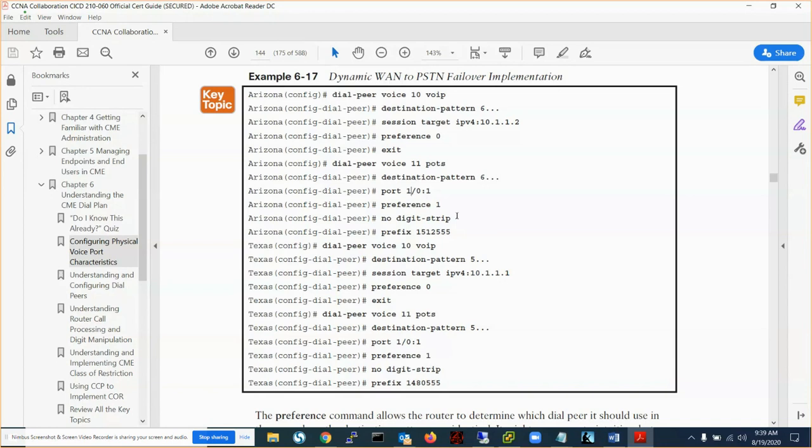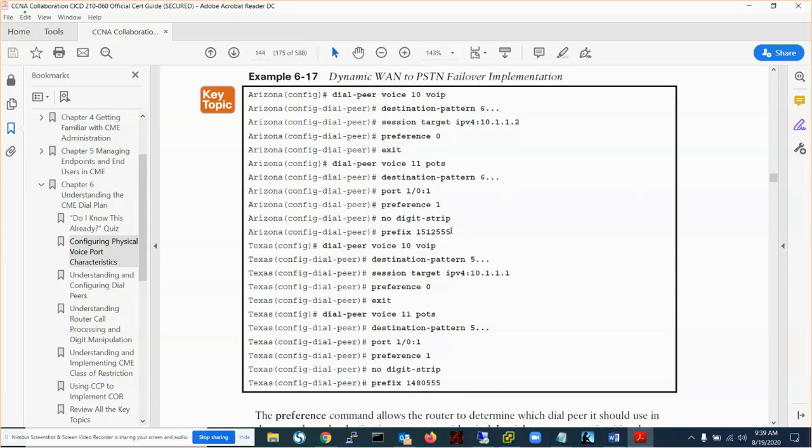So in this case, it seems that they have the card in slot 1. And the 0 marks the port number. If your T1 card only has one port, it will be 0. If it has two, it will have 0 and 1. So in this case, you will have 1/1.